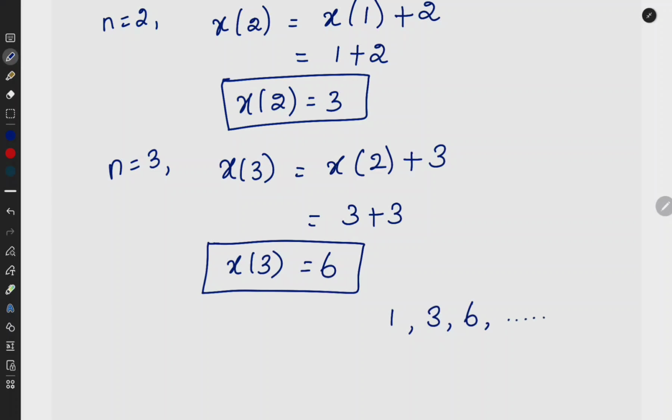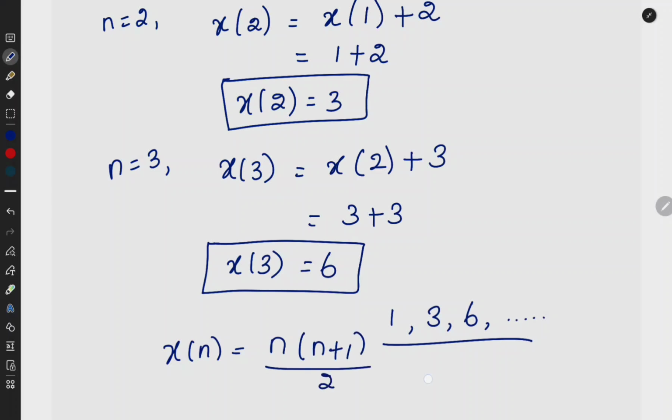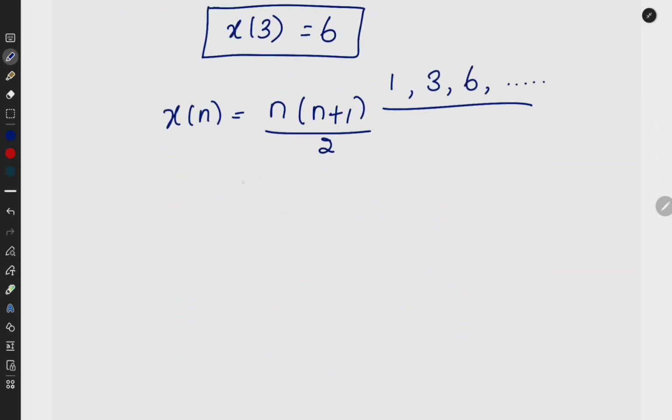The formula is x of n is equal to, so it formed the geometric series, n into n plus 1 by 2. So now we have to multiply this value, n into n becomes n squared plus n by 2.